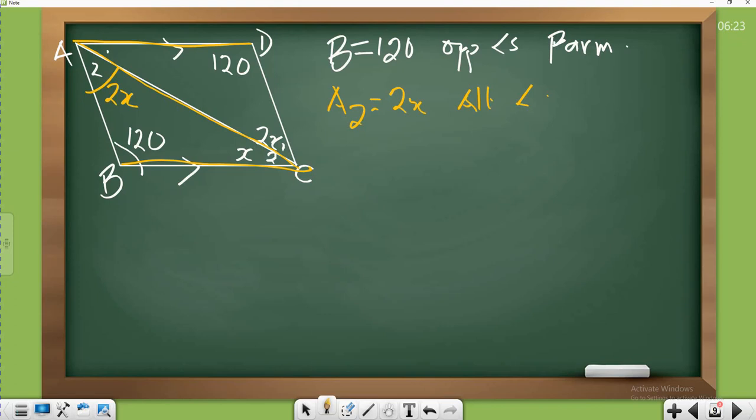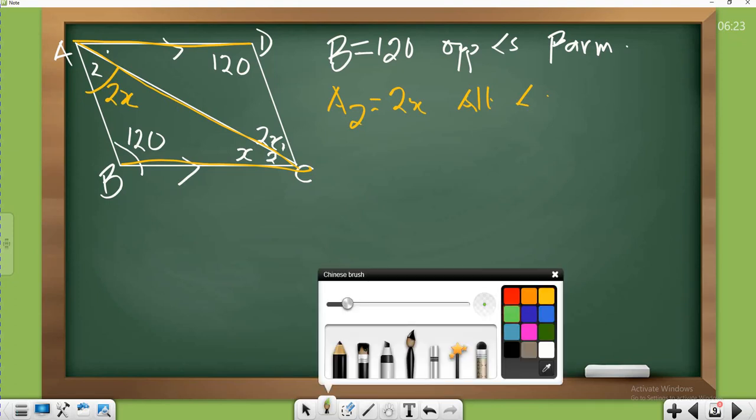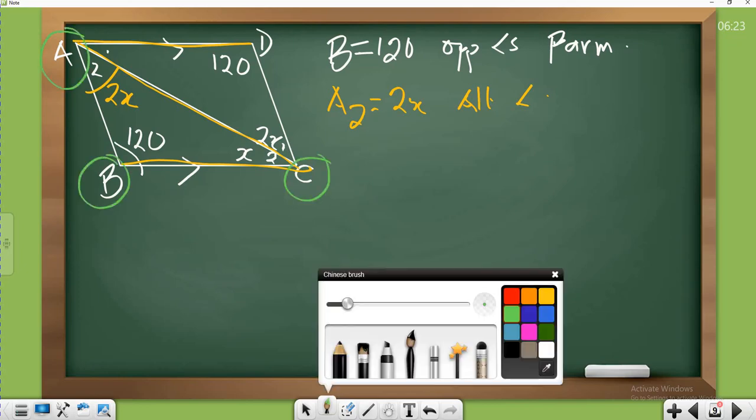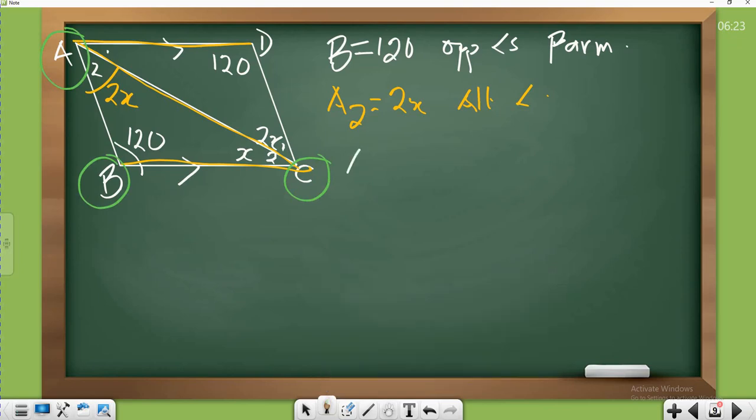Now, if you then check, we've got a triangle here, ABC, which we know would give us 180 when we talk about the interior angles. So A plus B plus C, let's be specific, which A? A2, all right, would be equal to 180 degrees. 2x, what is my B1?